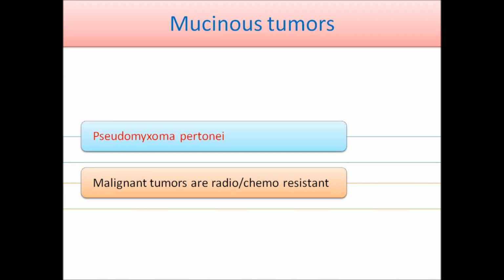Mucinous tumors, as I said earlier, are derived from the same epithelium that forms the cervix. We have two important clinical points with the mucinous tumors. First of all, these tumors can reach a very large size before being detected, and this may result in their rupture with seeding of the peritoneum.